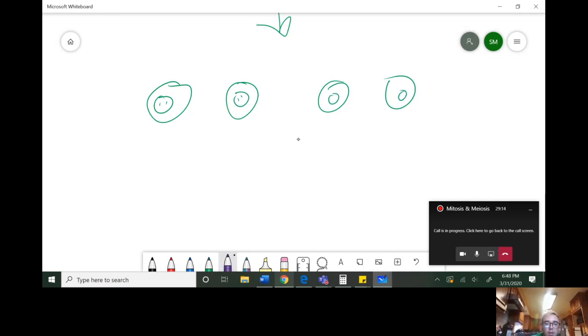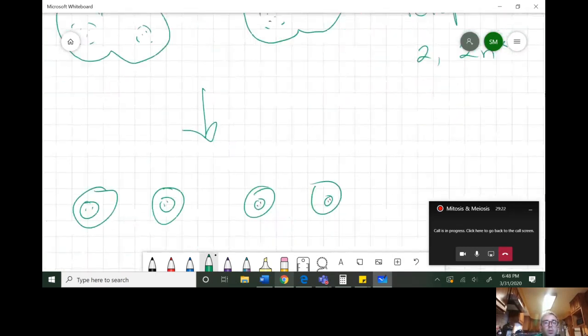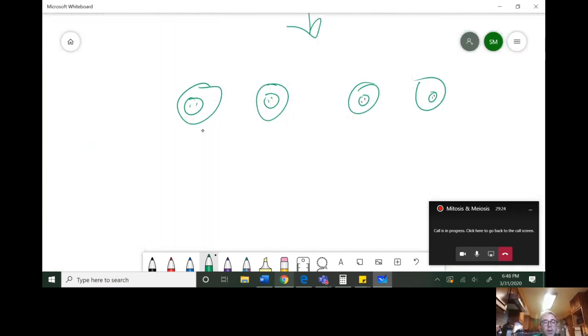And each of these would be a gamete, new daughter cell. And if these ones right here each were 2n, well now 2 divided by 2, that's 1. So that's just n.